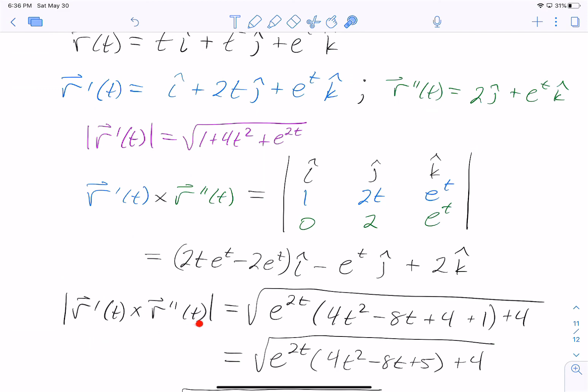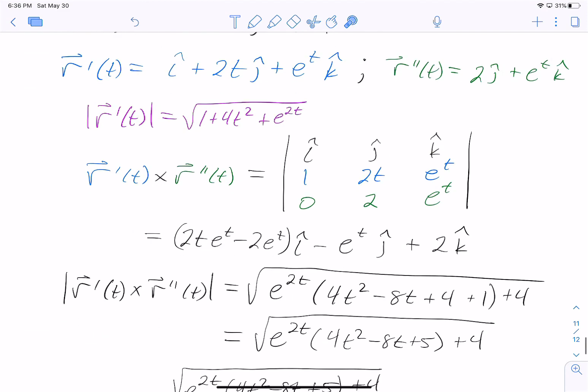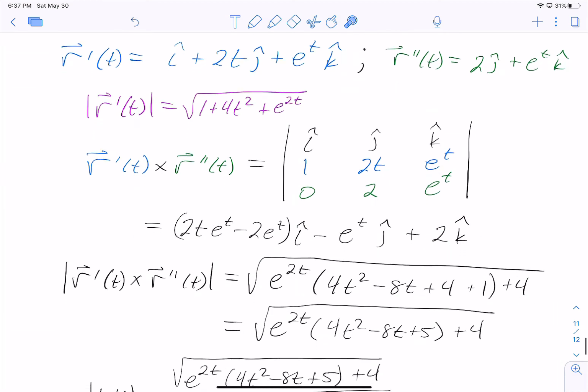The magnitude of that cross product is going to be, I factored out the e to the t, so a square root of e to the 2t times the quantity of 4t squared minus 8t plus 4, all of that is from the i component, plus 1, that's from the j component, and quantity, right, so that's all the e to the 2t applies to, then 2 squared, so plus 4, still inside the square root.